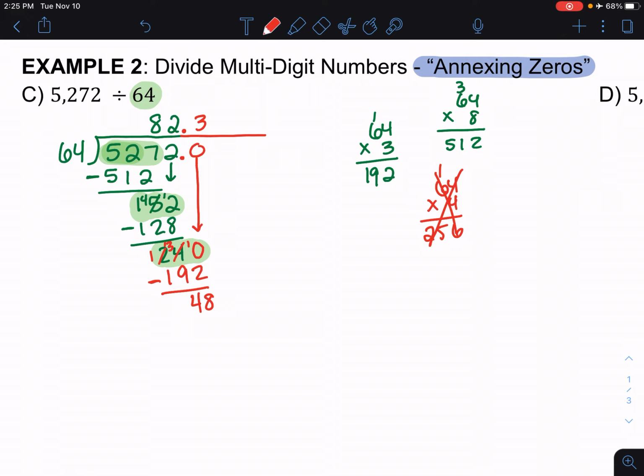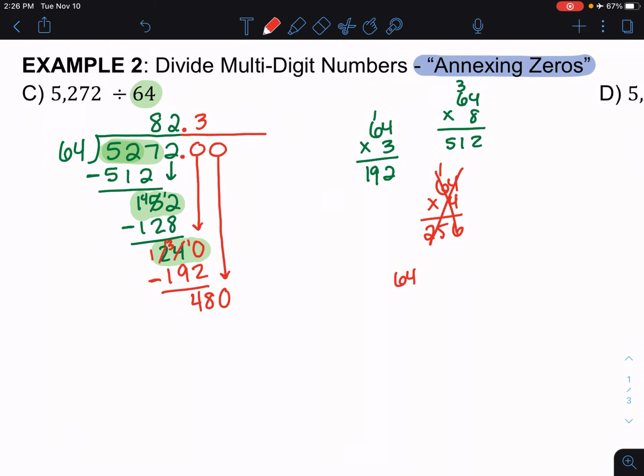64 can't go into 48, so I'm going to add another 0 and bring it down. I want to know how many times 64 goes into 480. Well, I know that 64 times 8 is 512, so let's try 64 times 7. 7 times 4 is 28. 7 times 6 is 42.